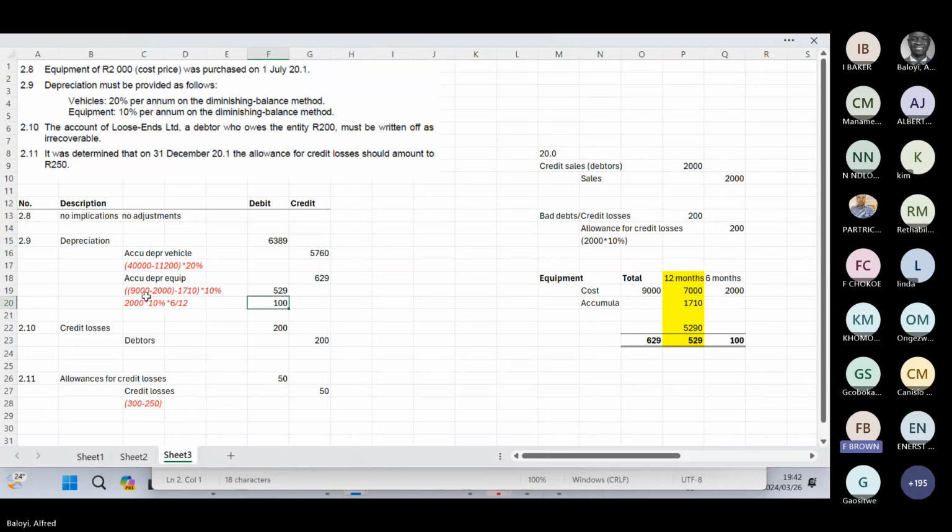However, the other equipment that's calculated for 12 months, the 2,000 is already included within the 9,000, so it must be subtracted. Then you subtract the accumulated depreciation. Then you multiply by 10%. Just make sure that you follow the steps.